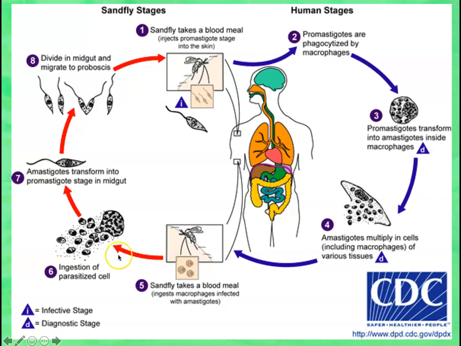Inside of the sandfly, the amastigote is going to transform into the promastigote inside its gut, and those promastigote forms will migrate to the salivary glands, and then it can infect another human.